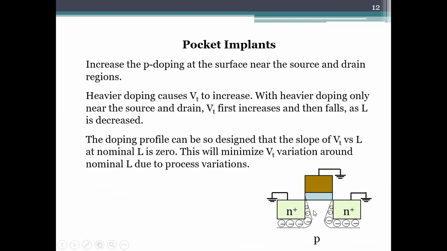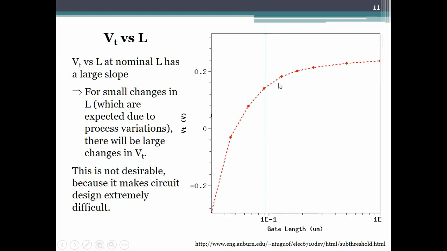So the one thing one realizes is that, as we saw, if the doping is higher, then the threshold voltage is higher. And what we want to do, so let's go back here, I'm sorry about this. What we want to do is we want the threshold voltage to not become lower.